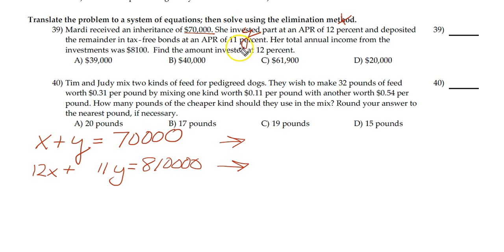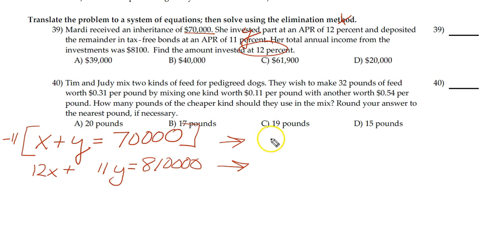And we want to find the one for 12% here. So that's going to be the x. So let's remove the y's. And what would we have to multiply this equation by so that I get a negative 11y here when I rewrite this? And if you said a negative 11, that is correct.